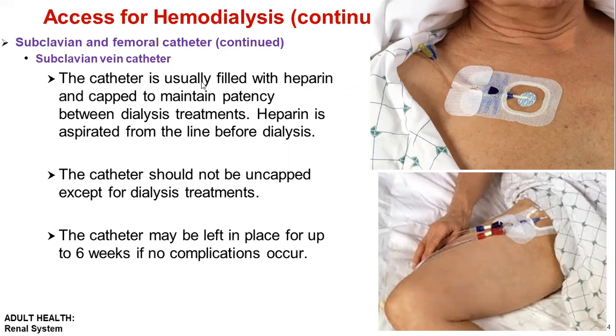The subclavian catheter is usually filled with heparin to maintain patency between dialysis treatments. Heparin is aspirated from the line before dialysis. Heparin is an anticoagulant, so it can prevent clot formation.